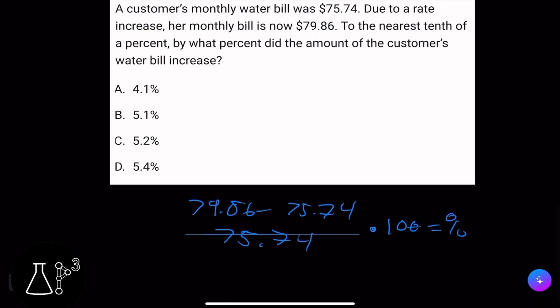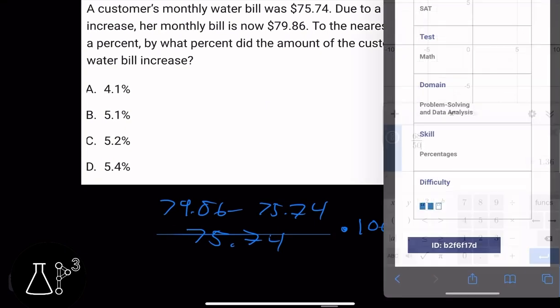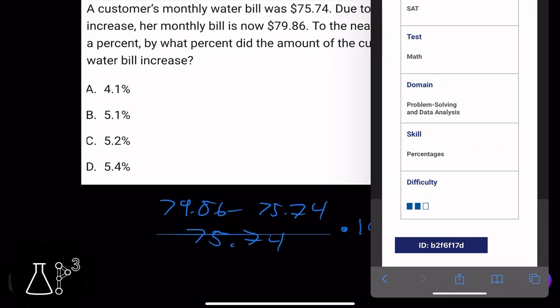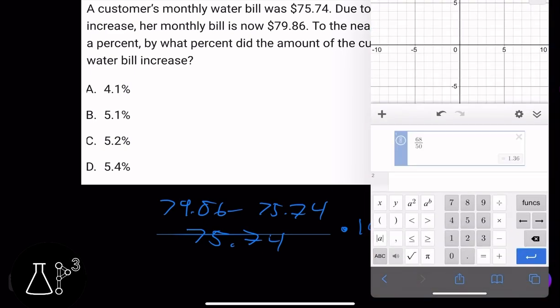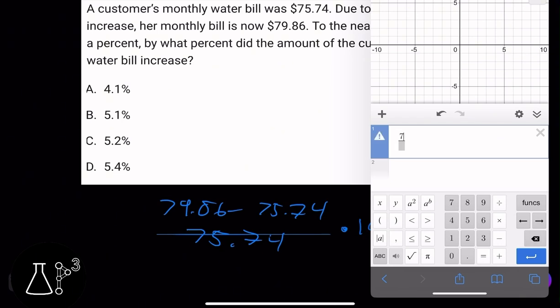So let's plug that into Desmos. If I do 79.86 minus 75.74, divided by 75.74, and then times 100, I'm going to get the percentage.